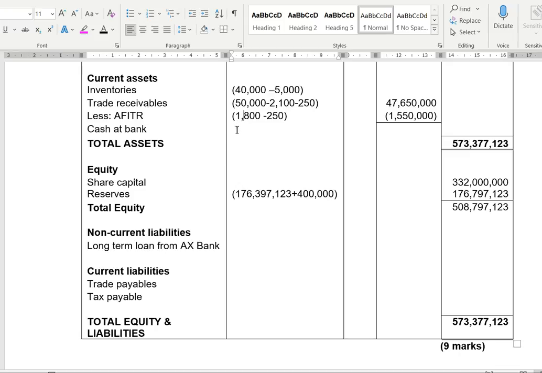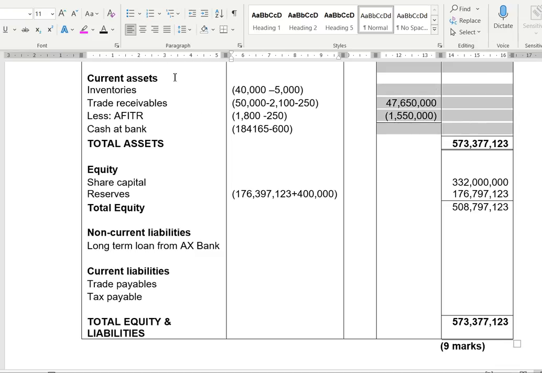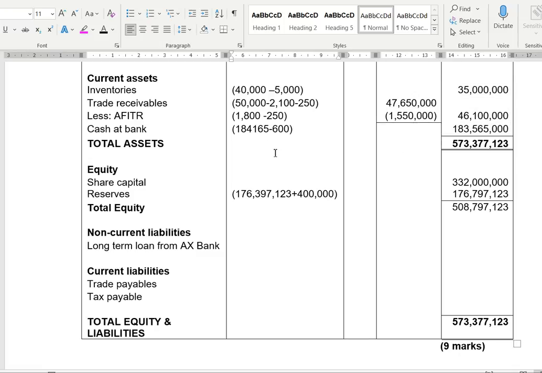The cash at bank, there will be some changes for the cash at bank, and that was because there is a component being purchased, the replacement of component, and with that you will have the item here 183,565. This is the adjustment related to the purchase of component, PPE.